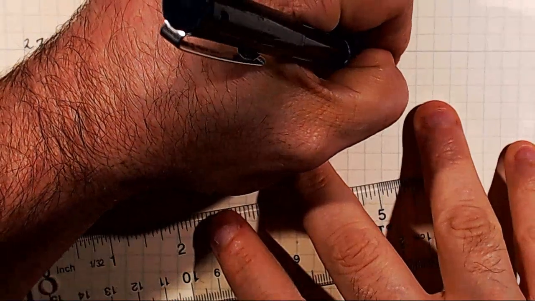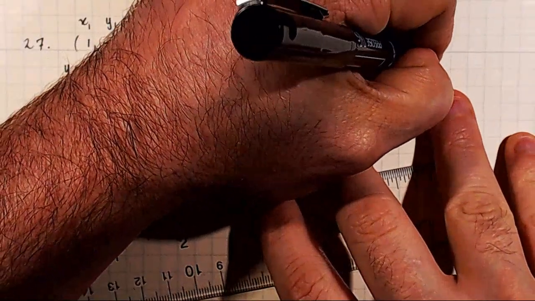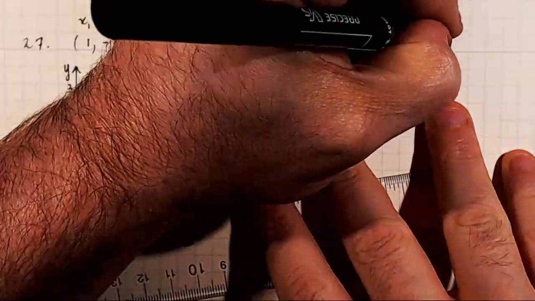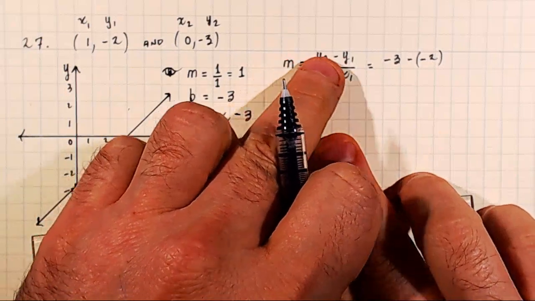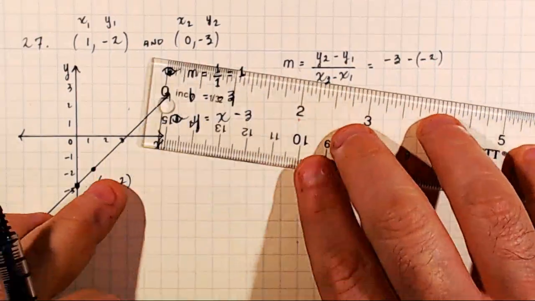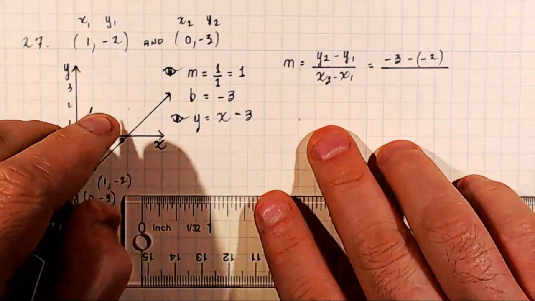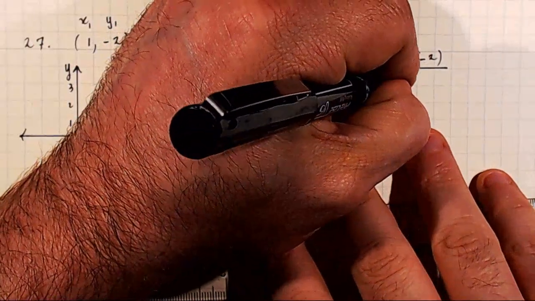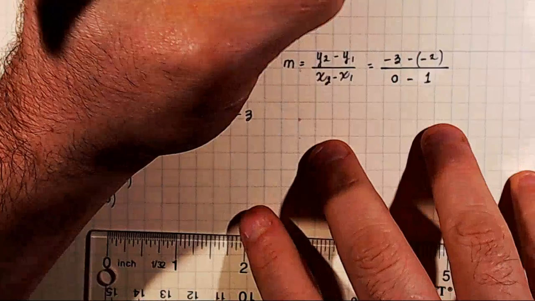All right, so if we plug in those values, y2 is negative 3, y1 is negative 2, so negative 3 minus, be careful here, open parentheses, negative 2. So it's y2 minus y1, so negative 3 minus negative 2. So you're going to have two negative signs there. Over x2, which is 0, minus x1, which is 1. So we just work this out a little bit more.